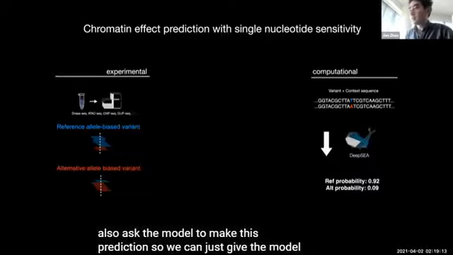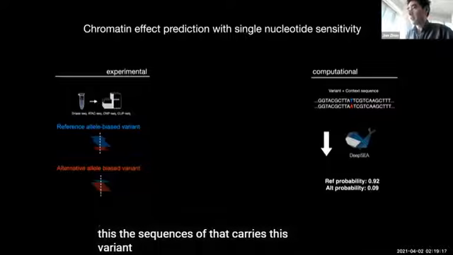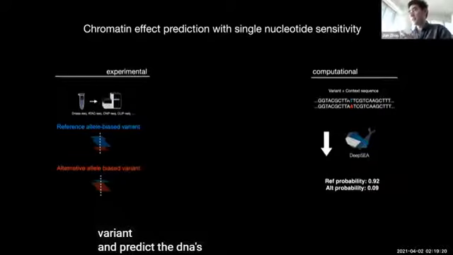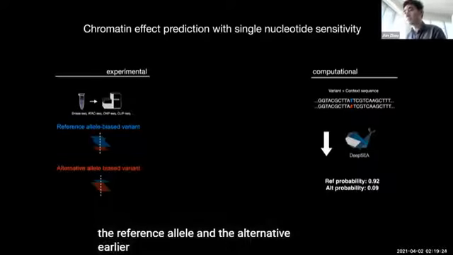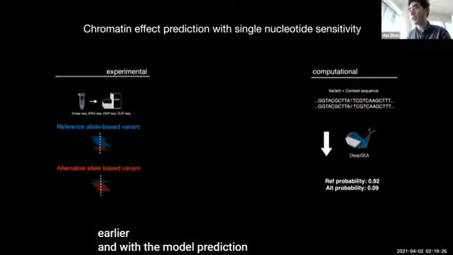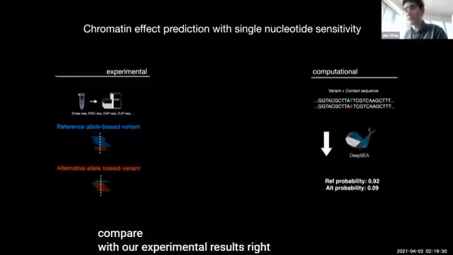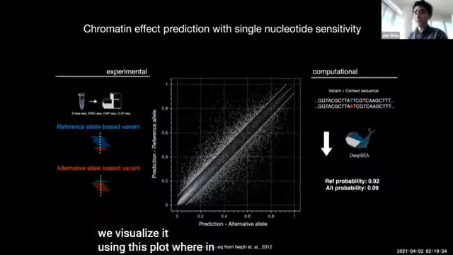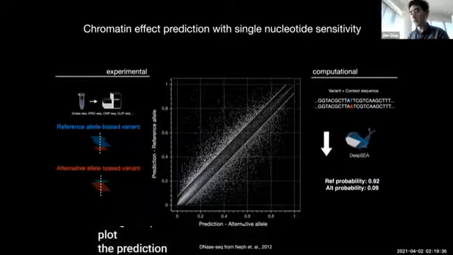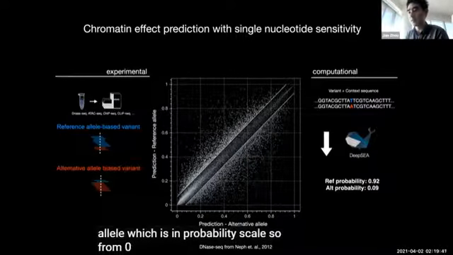We give the model the sequences that carry this variant and predict the DNA sensitivity for the reference allele and the alternative allele. With the model prediction, we can now compare with our experimental results, right? We visualize it using this plot, where on the x-axis we plot the prediction for the alternative allele, which is on a probability scale, so it's from 0 to 1.